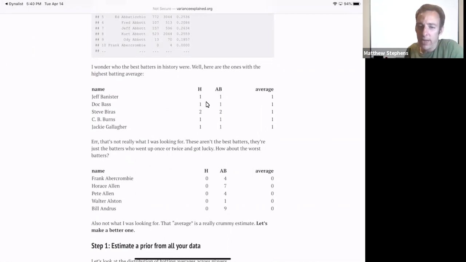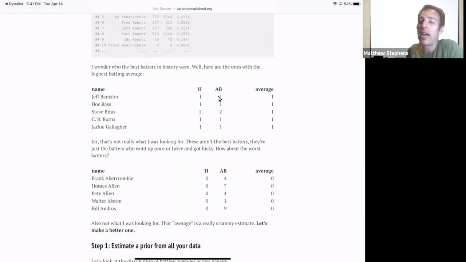The problem that he runs into when he does this is that the individuals with the highest batting average all had a batting average of 1, actually, which is excellent. It means they hit at every at-bat. But if you look at that, you can see they only had a very, very small number of at-bats. So really, these are not actually the best batters.